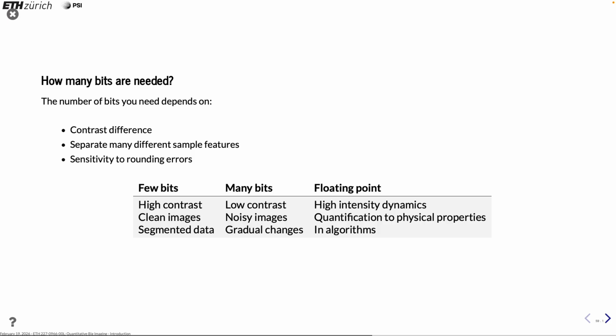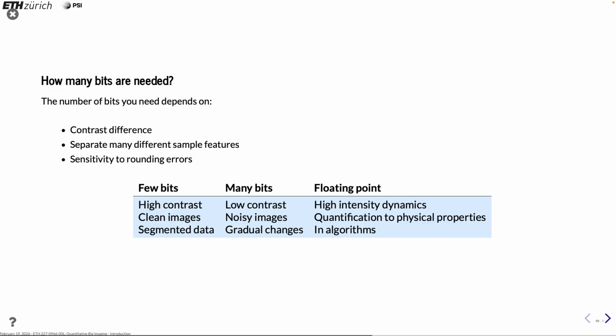Depending on what you're doing, if you have high contrast, you can work with few bits. If you have clean images, so little noise, you can also work with few bits. And in particular, if you have segmented data, you can go down a lot with the bits. If you just have black and white, you only need 1 bit, 1 or 0.